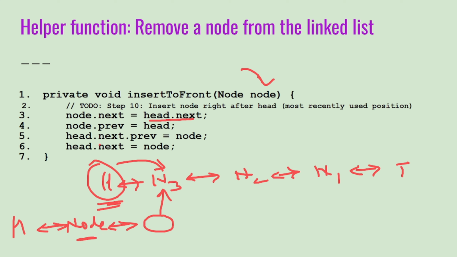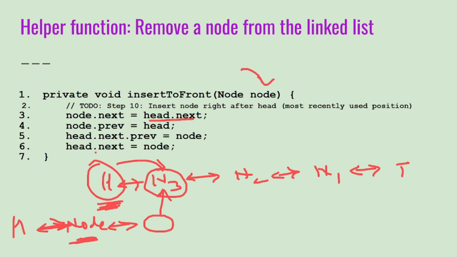Understand, right? Then we'll do head.next.previous, because we have to make a doubly linked list. Head.next means we are talking about this position, and its previous is this one. We'll put this node at this position, meaning this previous we are setting for this node.